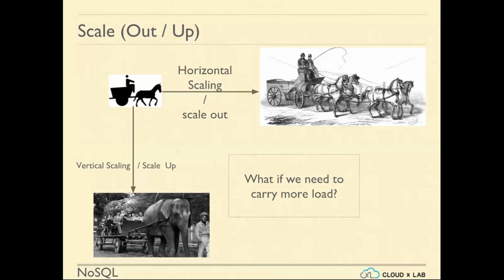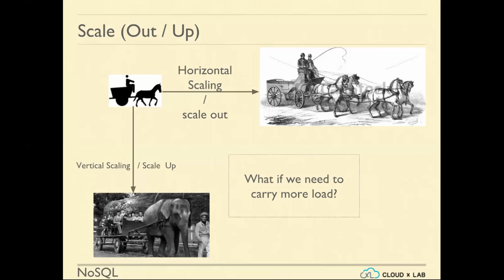Elephant may be 2.5 times stronger than the horse, but still it cannot carry too much load. Like if you need to carry 10 times the load, right? You can't really carry it this way. Either you divide that into multiple carts, or you add more horses to the same cart. That's why we do the horizontal scaling.